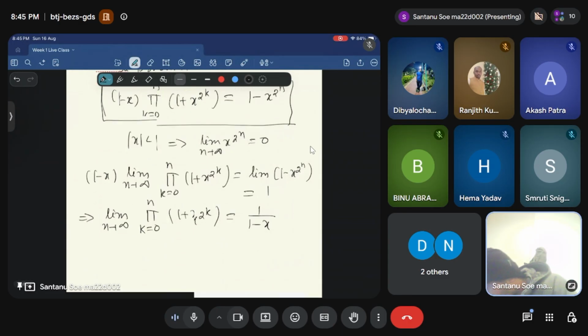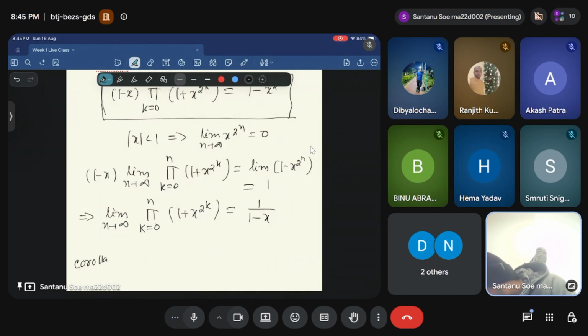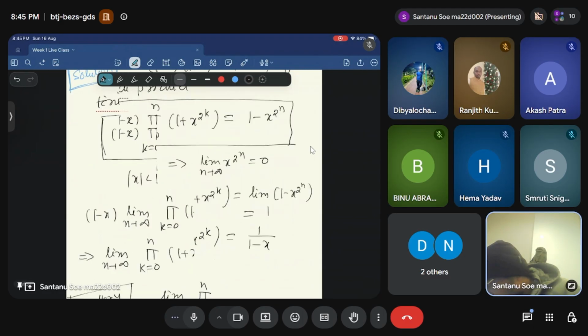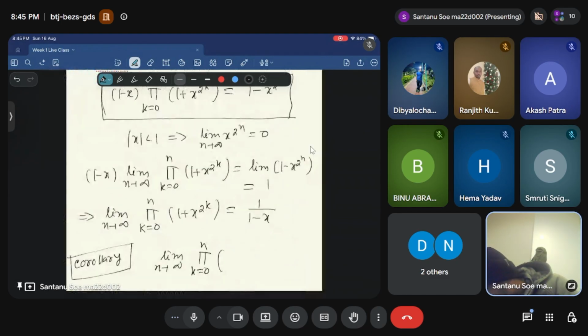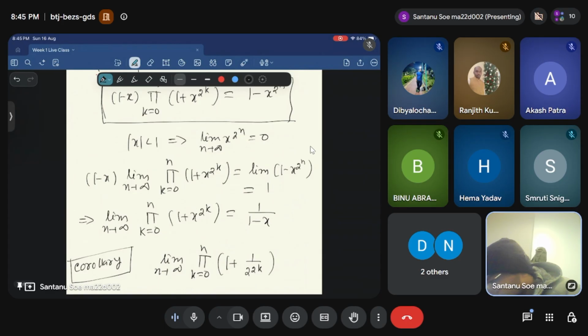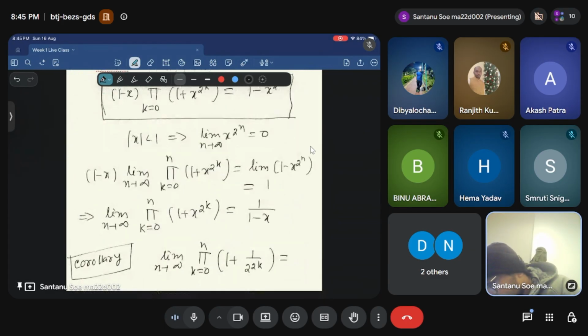Okay, so this is a corollary. The limit as n tends to infinity of the product for k equals 0 to n of 1 plus 1 by 2 to the power 2 to the power k, correct, is just 1 by 1 minus 1 by 2.